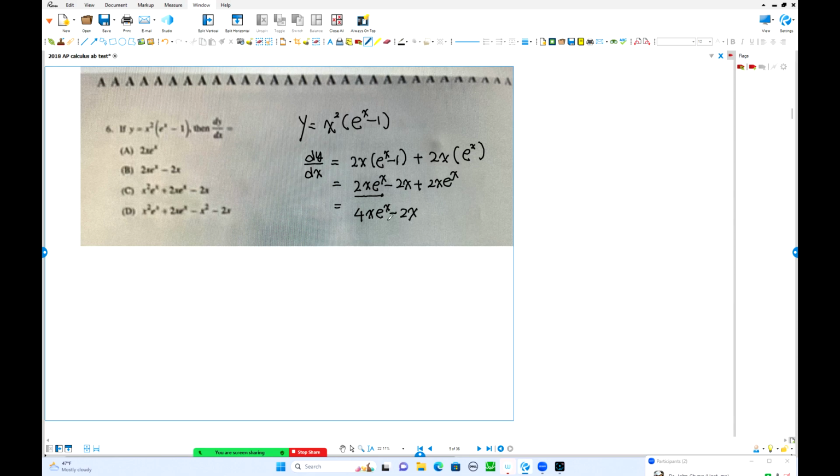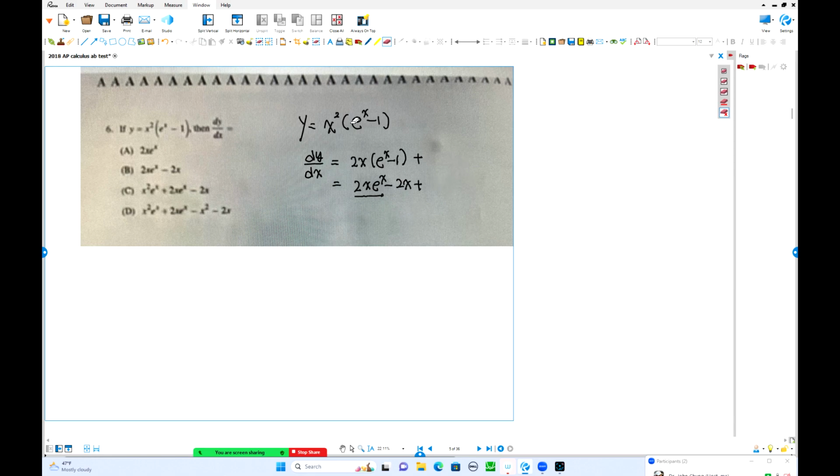But we don't have that. Let me check this one more time. x squared e to the x, right? Oh, yeah, I did it wrong. Oh my god, that's too bad.